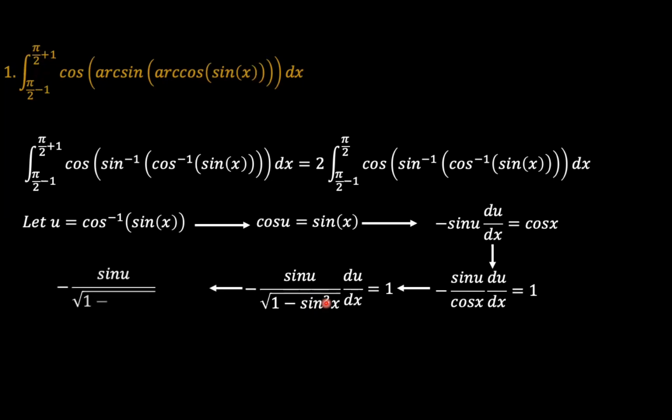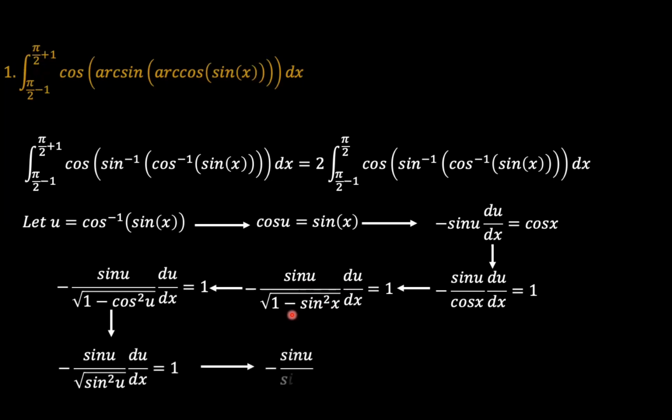And that means that now that is sine u over the square root of 1 minus cosine squared u, since here cosine u is equal to sine x. So 1 minus cosine squared u is sine squared u, and so that becomes negative sine u over sine u du/dx. And so, since the sine u and sine u cancel out, we have negative du/dx equals 1, and therefore negative du is equal to dx.